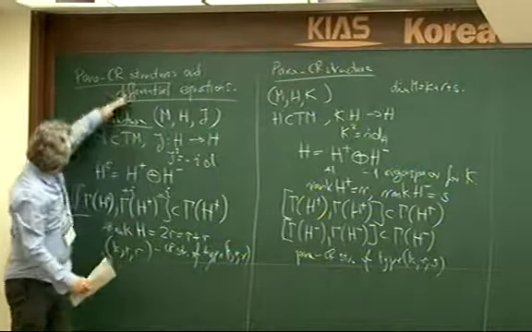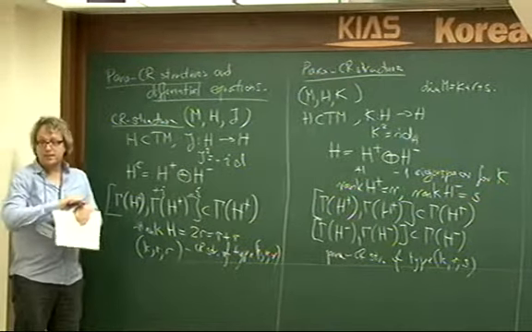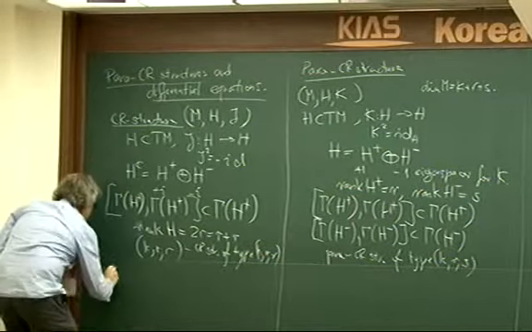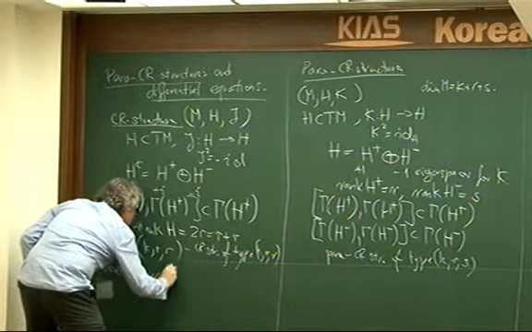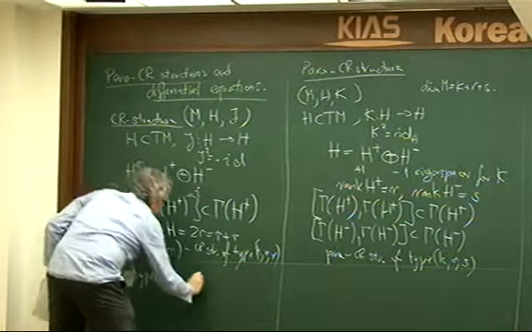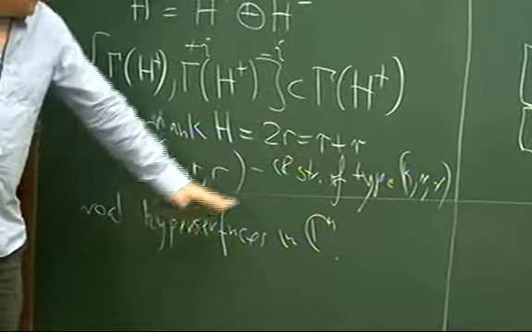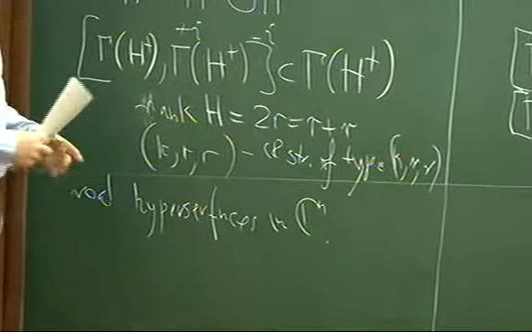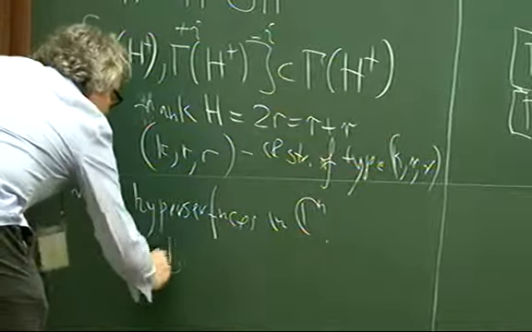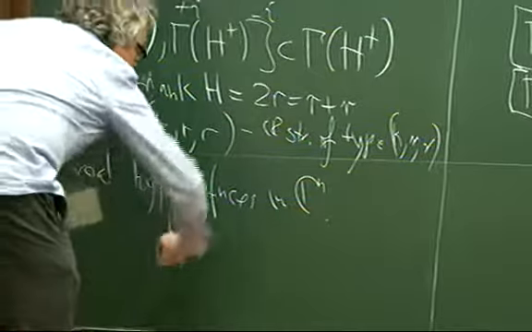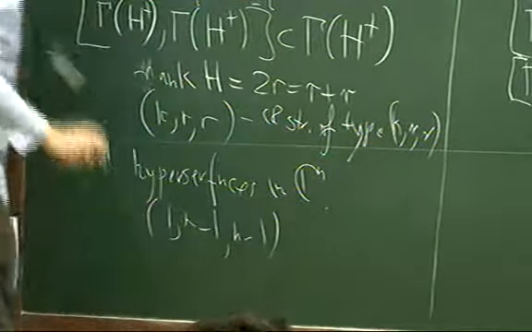So the simplest examples of CR structures are just real hypersurfaces in C^n. If we have a real hypersurface in C^n, we immediately have a CR structure of type 1, n minus 1, n minus 1 in this terminology.